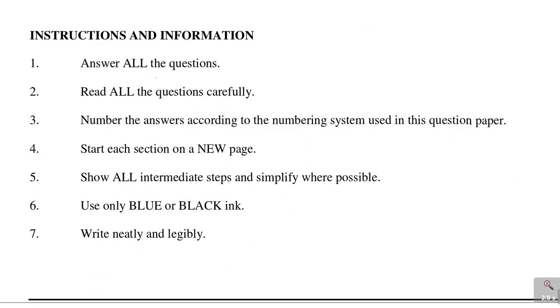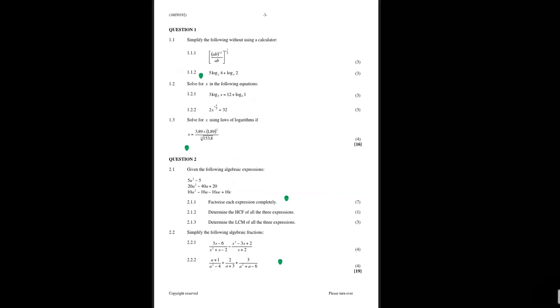Read all the questions carefully, number the questions according to the numbering system, start each question on a new page, and show all the intermediate steps and simplify where possible. Use only blue and black ink, and write neatly and legibly. Sometimes they also say you need to round off your answers to 3 decimal places, but they didn't include that in this case.